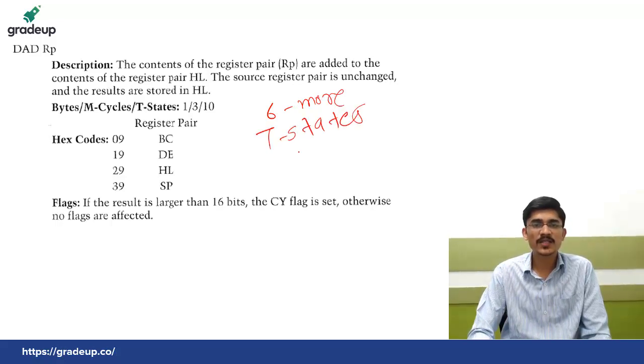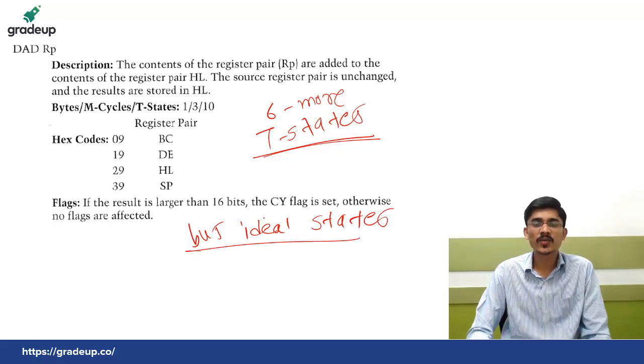This is a special type of instruction, so remember that it requires 6 more T states for adding one 16-bit number to another 16-bit number, and again storing the 16-bit number, and the bus will be in an idle state. So the buses connected between the microprocessor and the memory, or inside the microprocessor, are in the idle state, and will not be doing anything until this operation is performed.